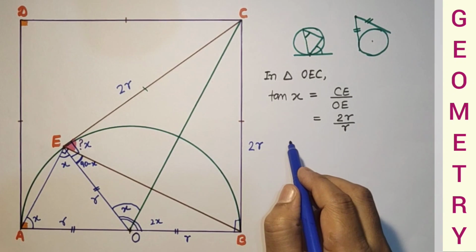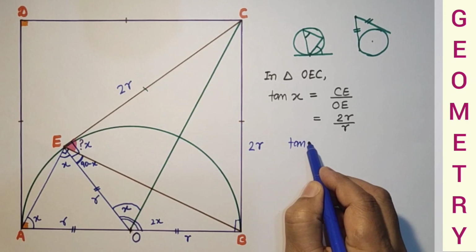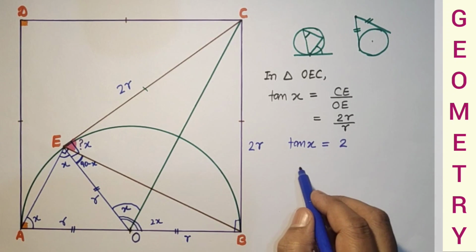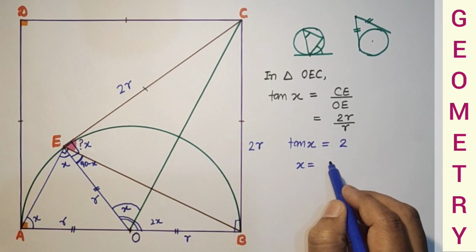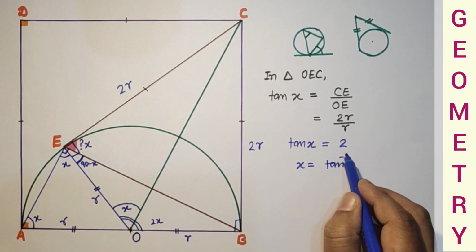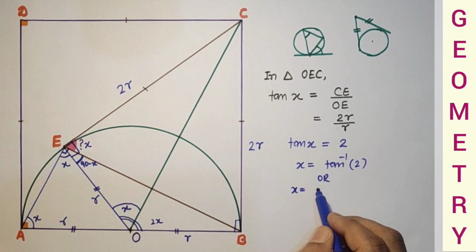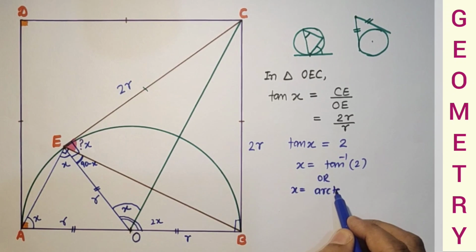So tangent of x is equal to 2, r cancelled. So x is equal to tan inverse 2.